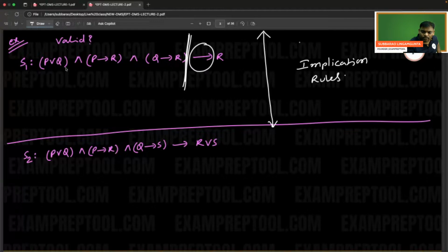If you observe these two things, P implies P, both cancel.